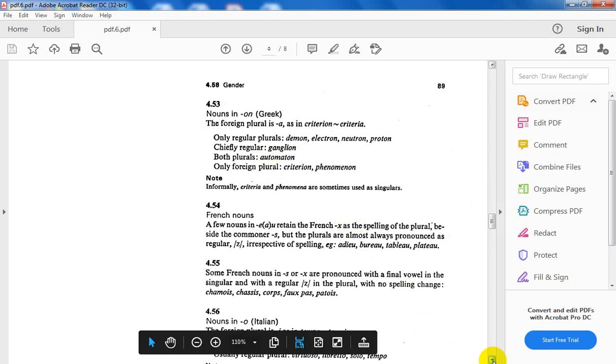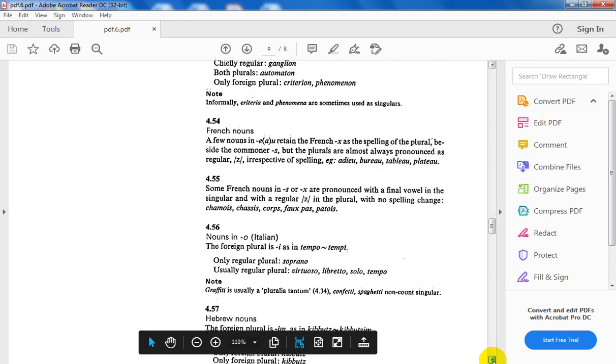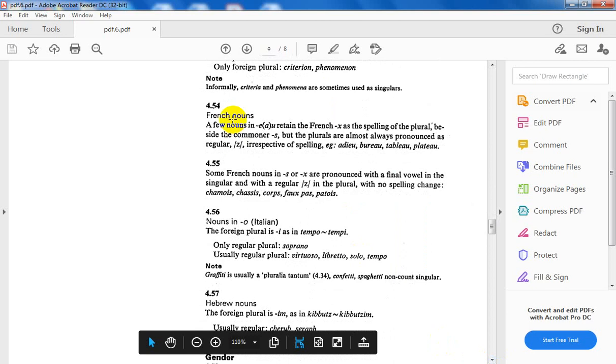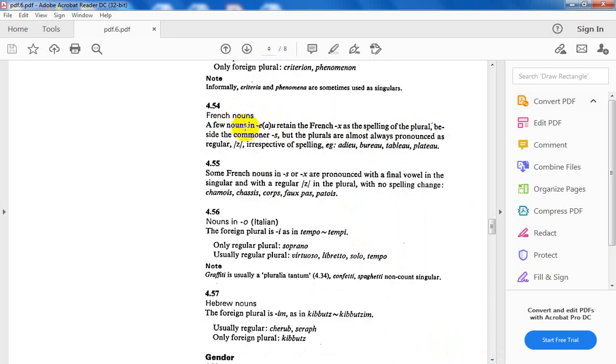French nouns. Here a few nouns in E, A, U return the French X as the spelling of the plural besides the usual S, but the plural is always pronounced as a regular Z, irrespective of spelling, as in bureaux, bergères, tableaux. I say what?